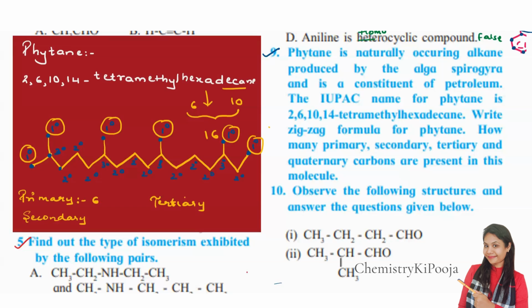Then secondary, it is 1, 2, 3, 4, 5, 6, 7, 8, 9 and 10. So again it is 10. Coming to tertiary, how many tertiary are there? Tertiary we have only 4 carbons. Okay, this is 1, 2, 3 and 4. So tertiary carbons we have only 4. I'll just quickly erase this so that you can take a screenshot.